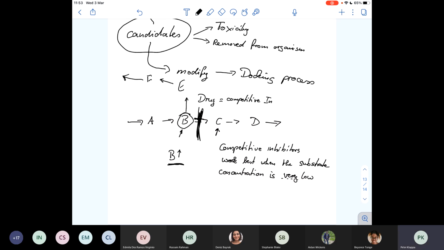Because what would be a really good inhibitor if the substrate concentration was very high? Which inhibitor is very good at blocking the enzyme when the substrate concentration is high? Which inhibitor is that?